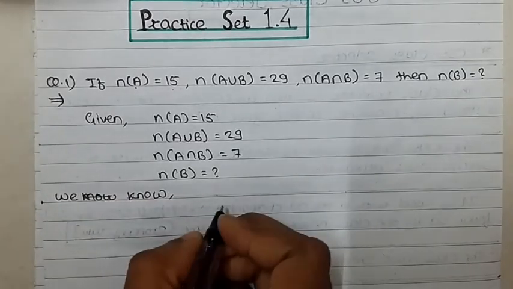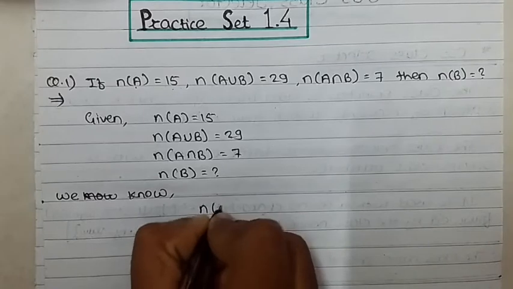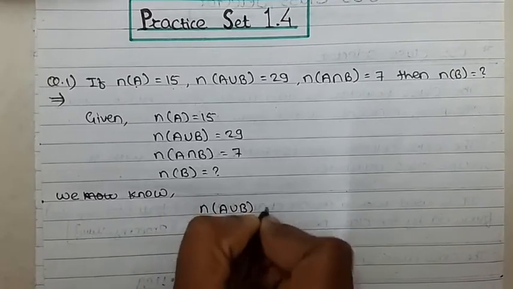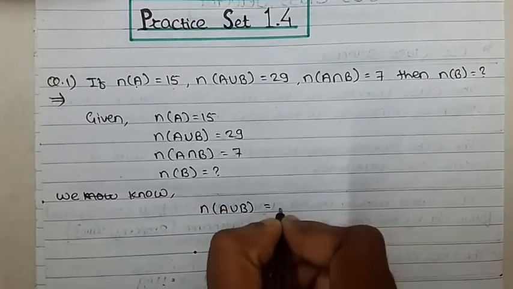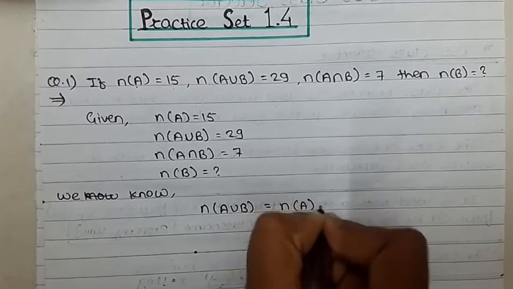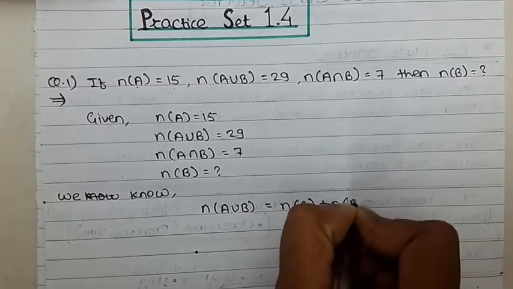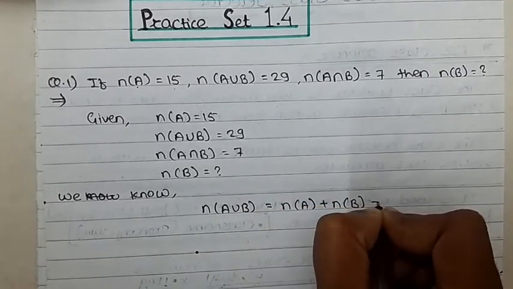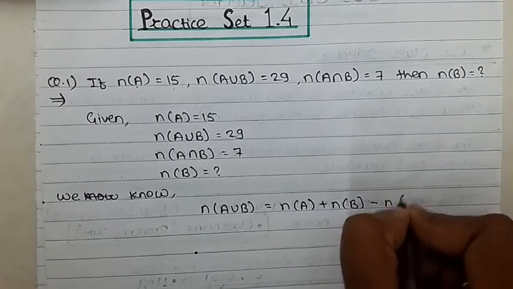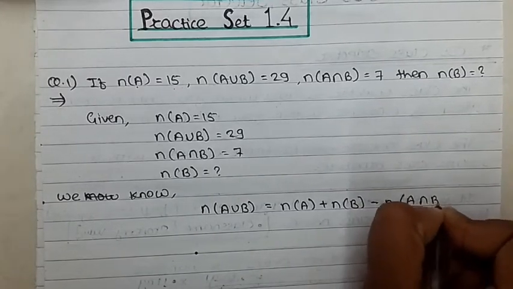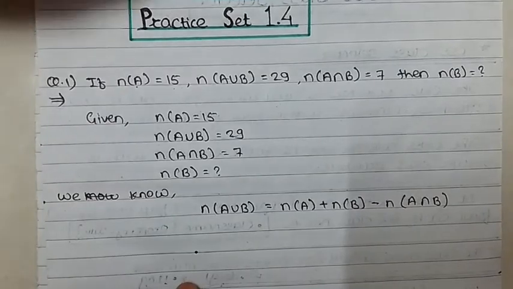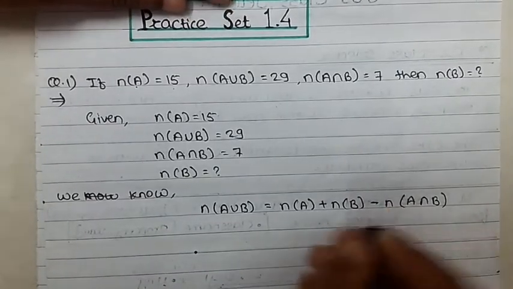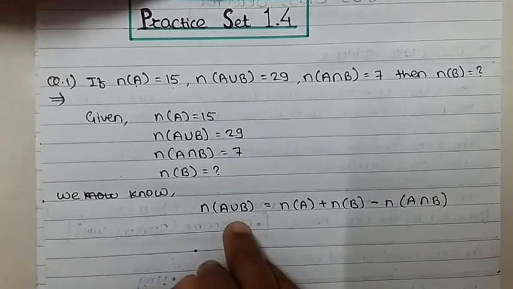What is the formula? n of A union B is equal to n of A plus n of B minus n of A intersection B. This is your one formula.